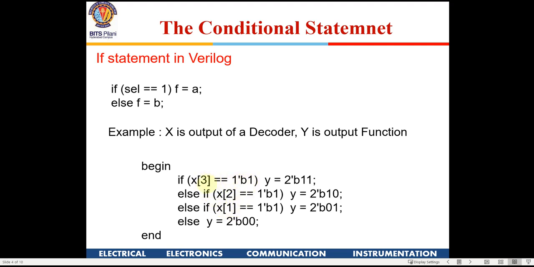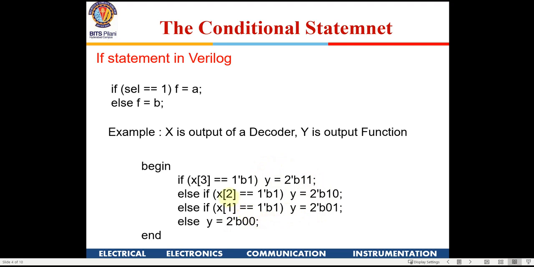If X3 is 1, that is the MSB of the decoder output, there are 4 output lines, then you have defined some function for the output. This could be anything; this is just an example.